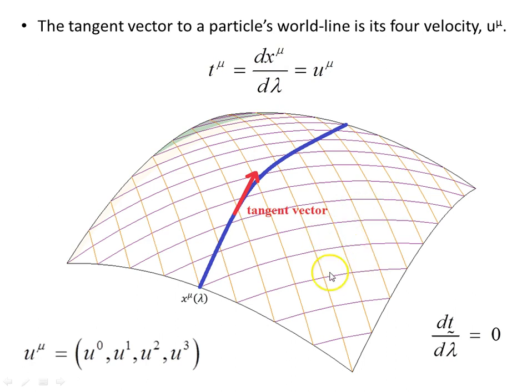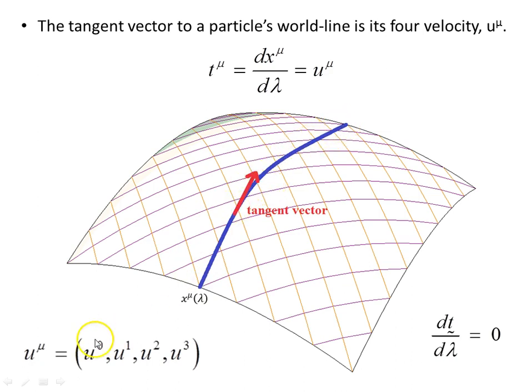If we have a look at this manifold here, this two-dimensional surface representing our space-time manifold reduced to 2 spatial dimensions just for visualization purposes, here's our world line in blue, the position 4-vector given here. Here's our tangent vector that exists at each point on that world line.